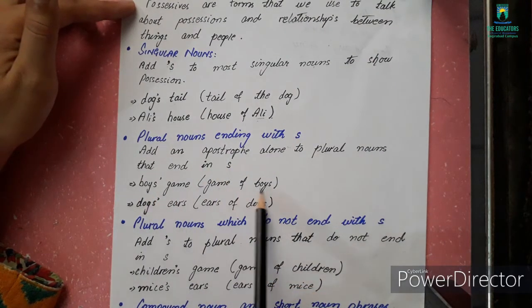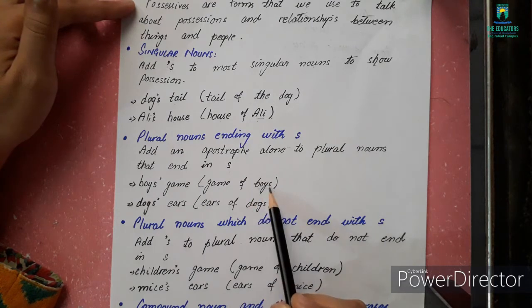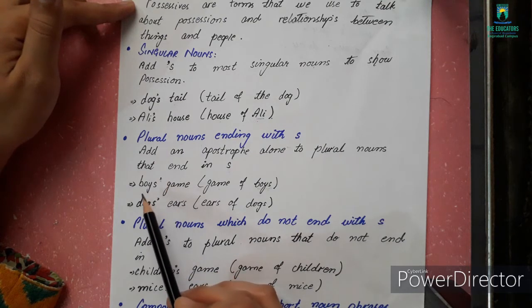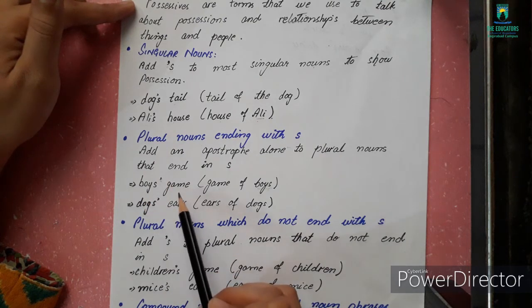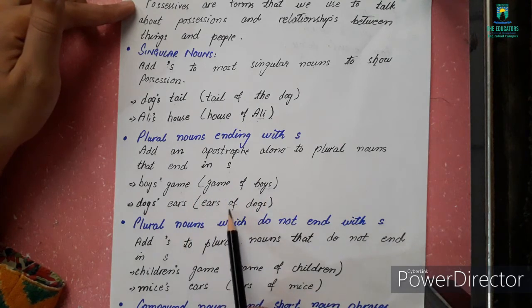Like game of boys. Now you can see here, this noun is ending with s. It is a plural noun, so we simply have to add just an apostrophe: boys' game. This is showing game of boys. Now ears of dogs.